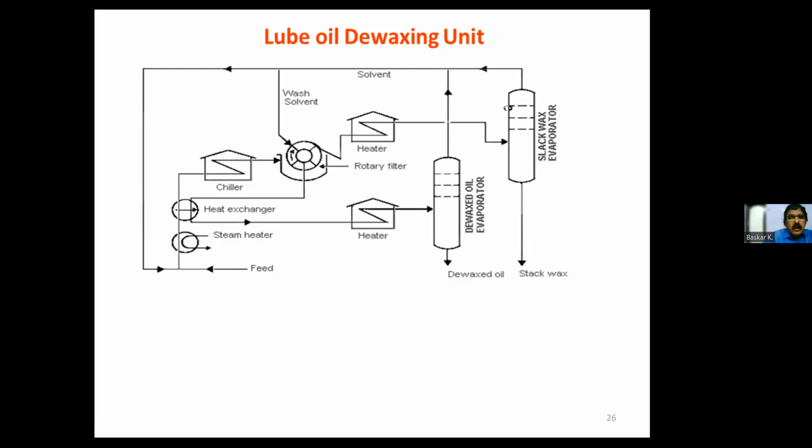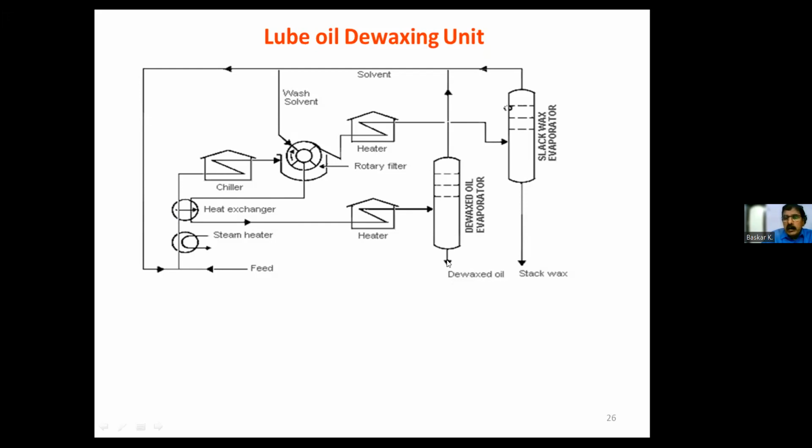This drum is mainly for that. Okay, and the lube oil is filtered out. Lube oil is taken out here and heated here, and then goes to dewaxed oil. Dewaxed oil means the wax is removed.